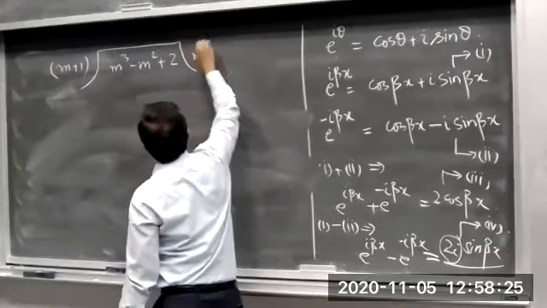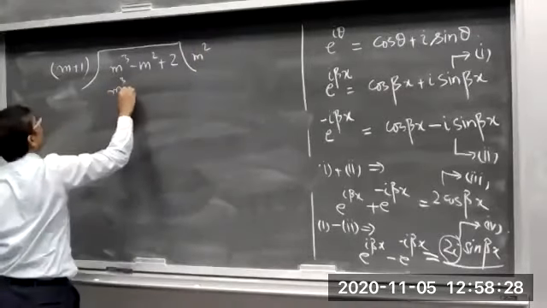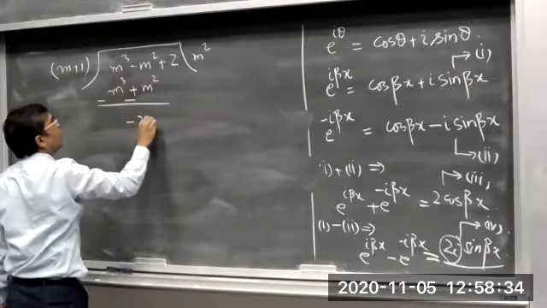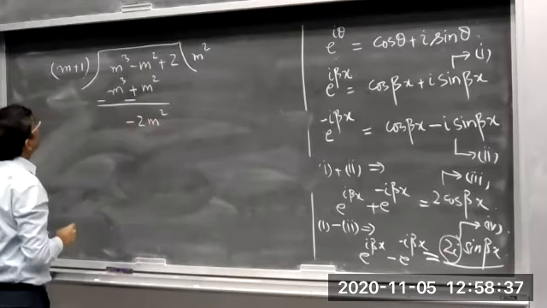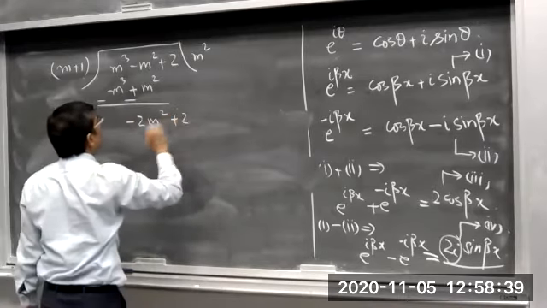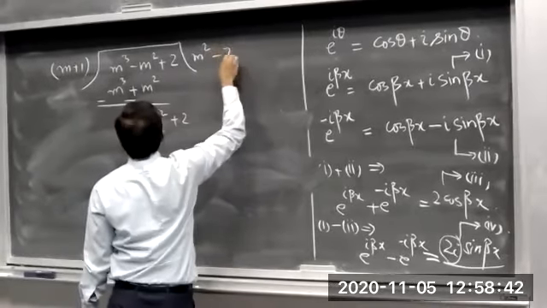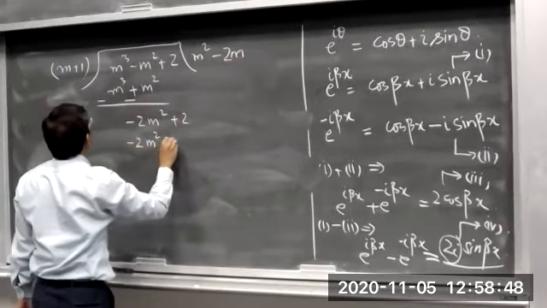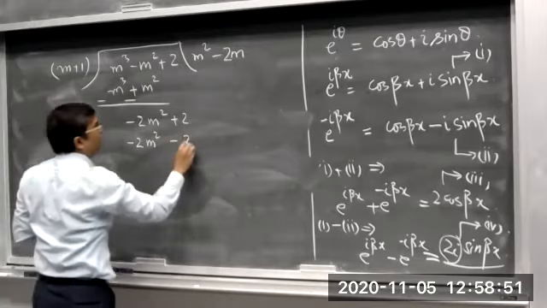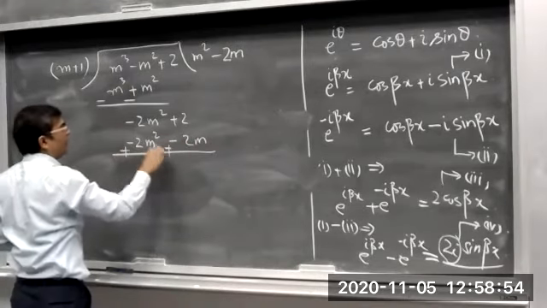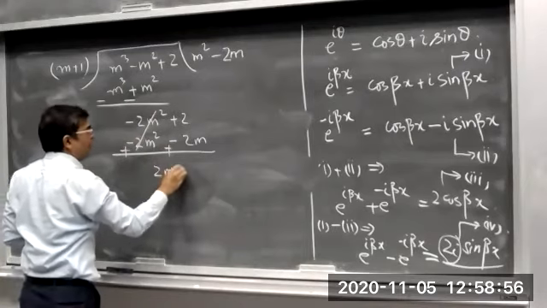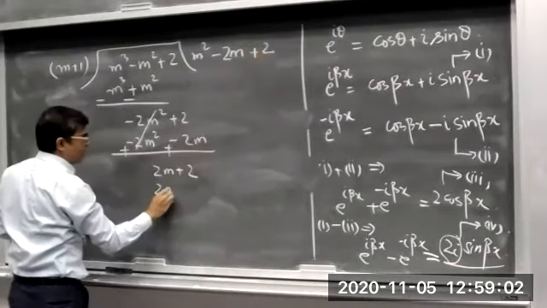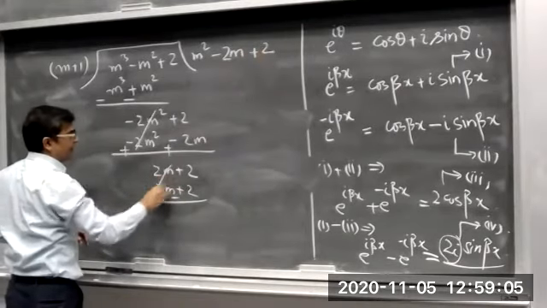First we multiply by m square, and we get m cube plus m square. This gives minus 2m square plus 2. Again, we multiply by minus 2m and get minus 2m square minus 2m. What we obtain here is 2m plus 2. Now we multiply by 2 and get 2m plus 2. These cancel, and we get 0.